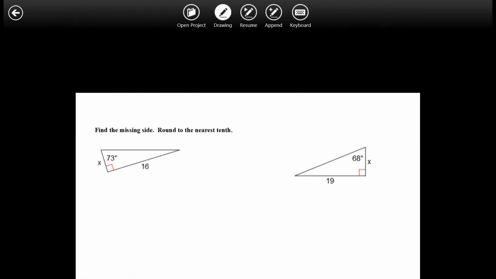How many of my calculators are on the desk? Can you guys just hold them up in the air real quick? 1, 2, 3, 4, 5, 6. Okay. Sorry. Again, if you have my calculator somewhere, please bring it back to my classroom. Greatly appreciated.